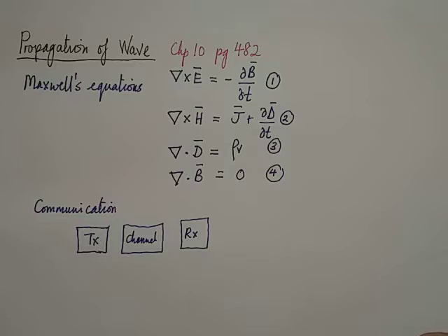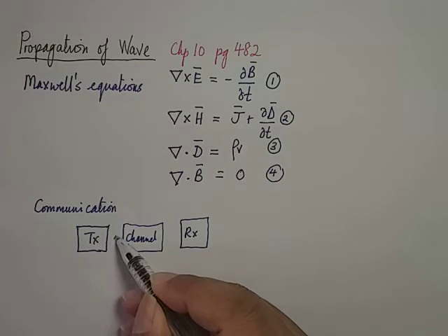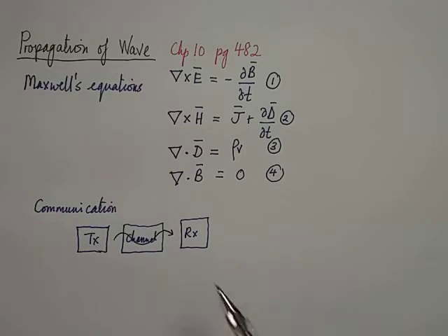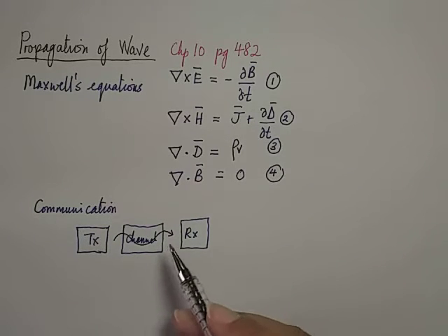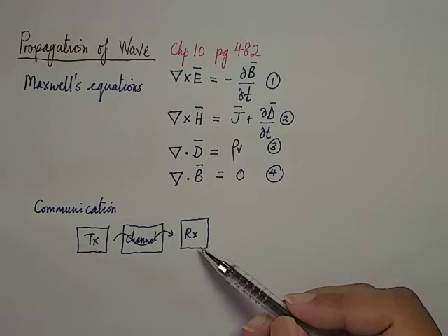So these are three important block diagrams in the field of communications. What we're going to learn here is how to simulate the field that propagates from the transmitter to the receiver. That's our objective now.